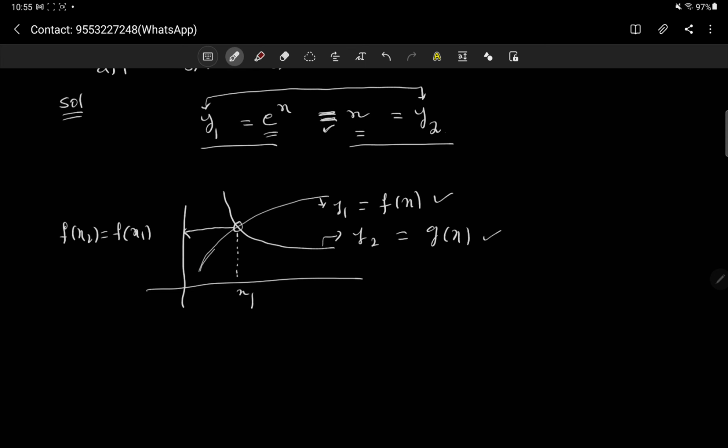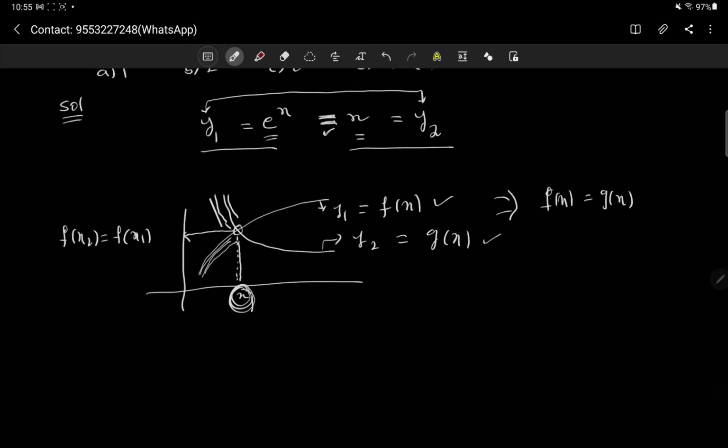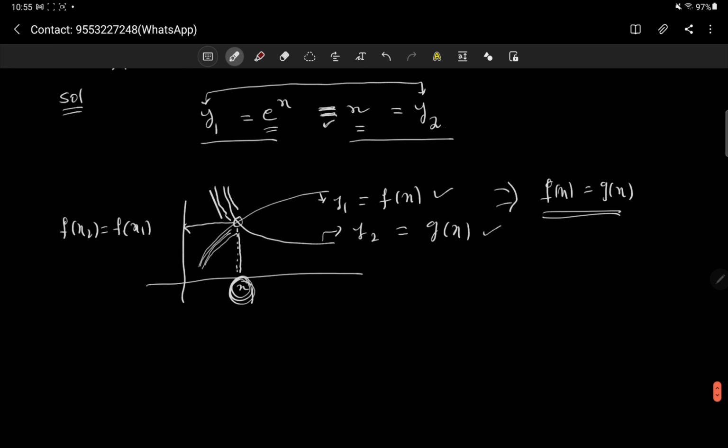F of x has different values and g of x has different values, but they are coming closer. At some value of x both will be equal, right? Such a value of x is a solution of f of x is equal to g of x.